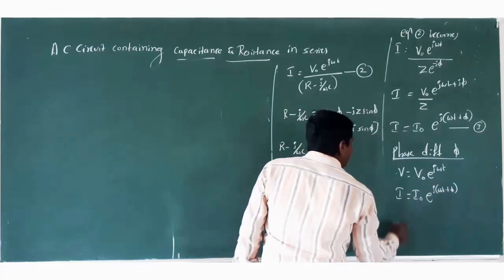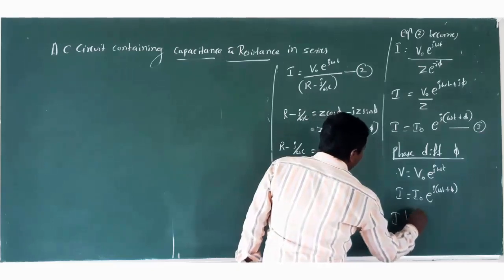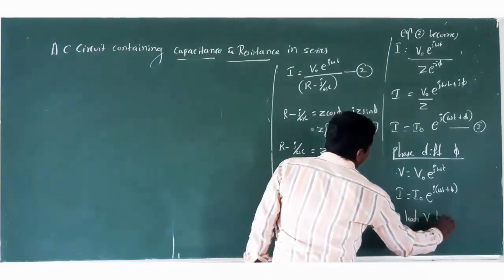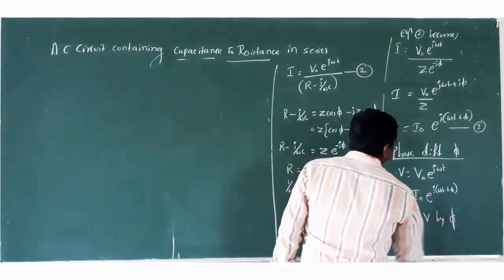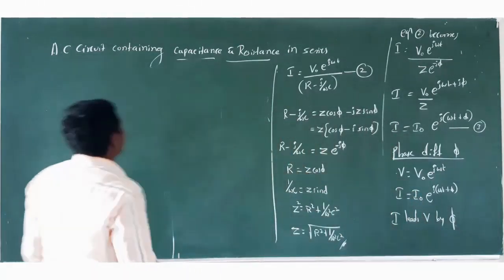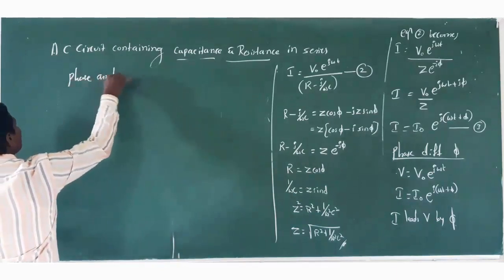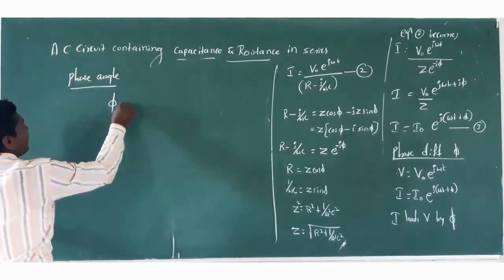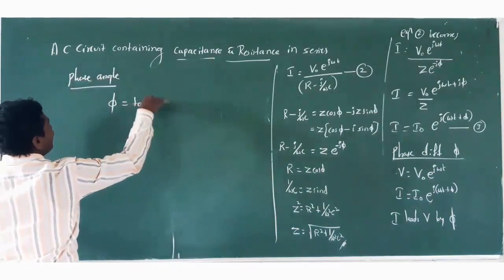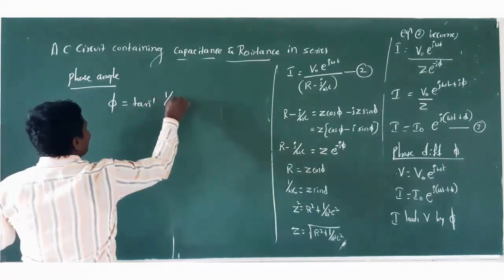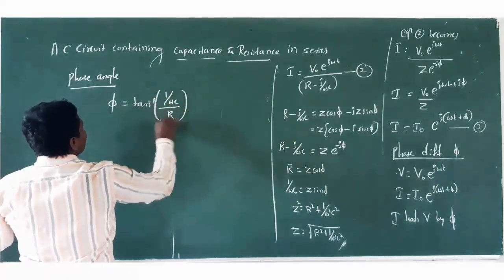Here this represents that current leads voltage by an angle phi, and we know that the phase angle phi is equal to tan inverse of 1 over omega c divided by R.